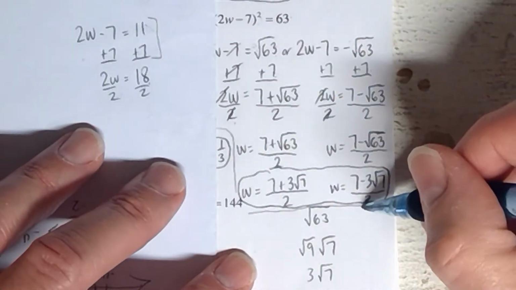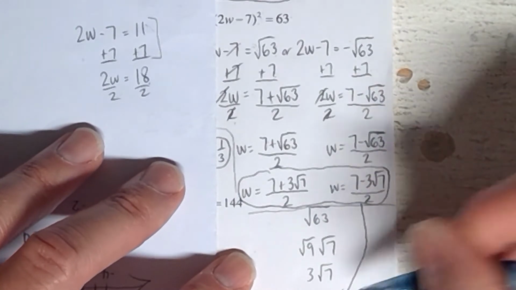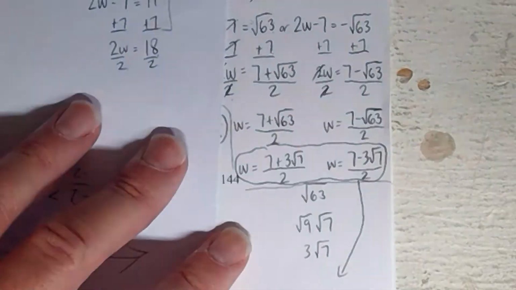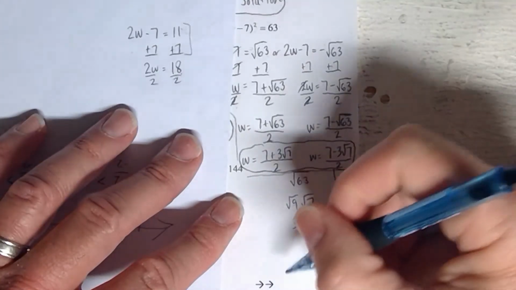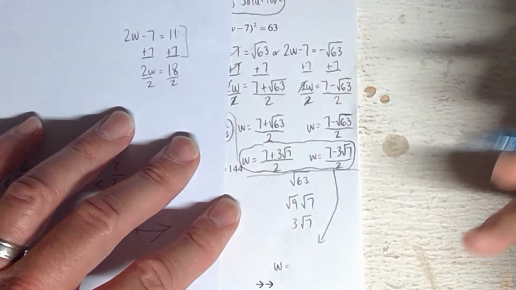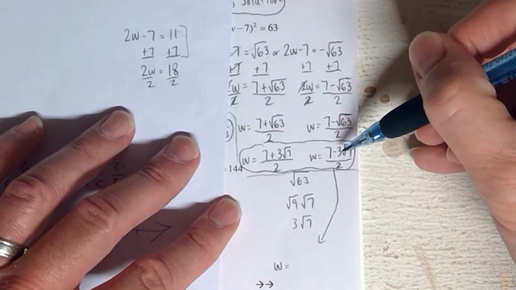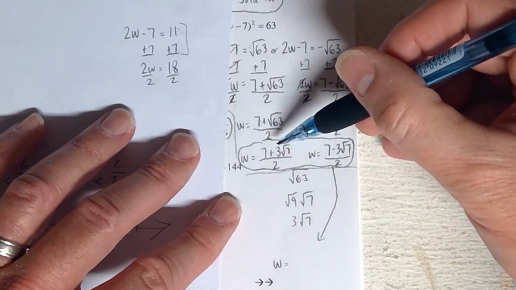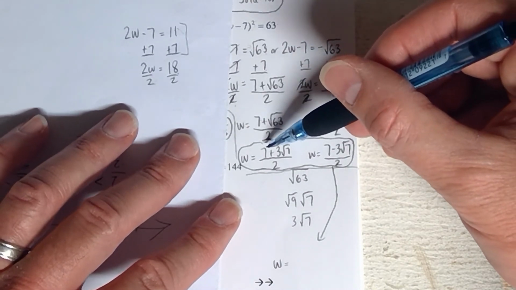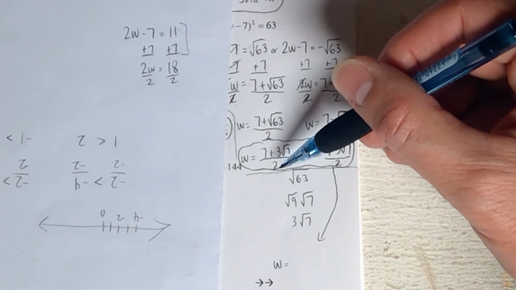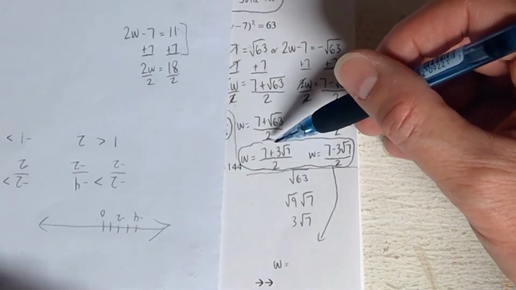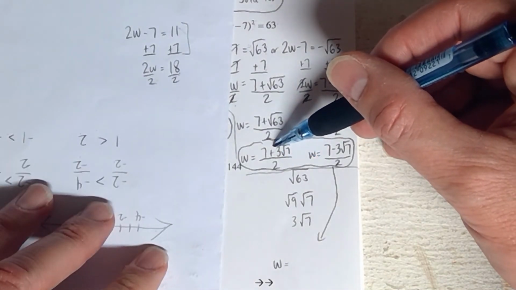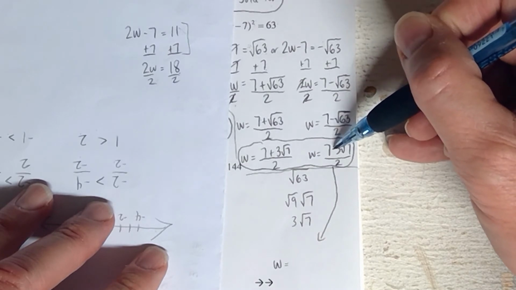Okay. So what's the other way of writing it? With the condensed version of it. W. Now notice the two answers are exactly the same, aren't they? Okay. They both have the 7, the 3 rad 7, and the 2, right? The only difference is that you have a plus in the middle of the top here and a minus in that same exact spot.